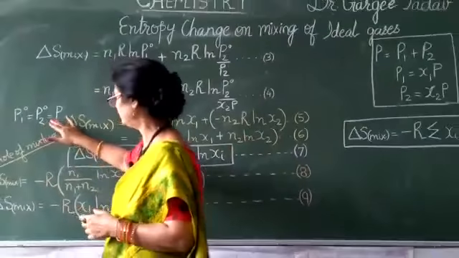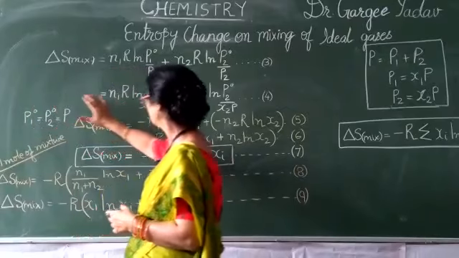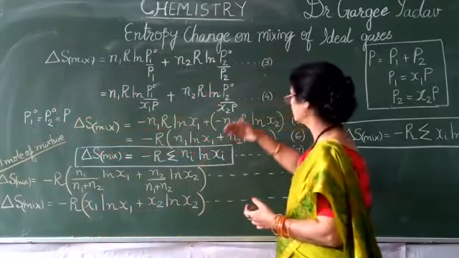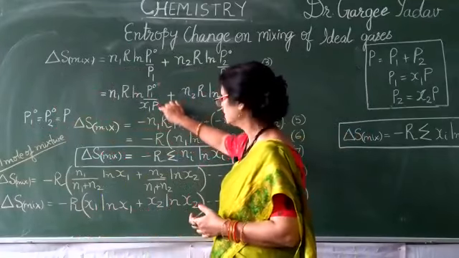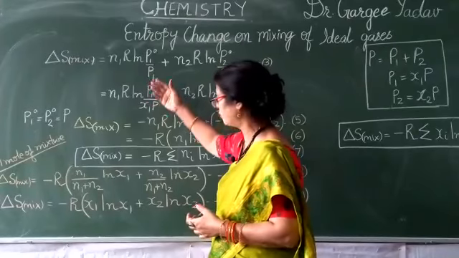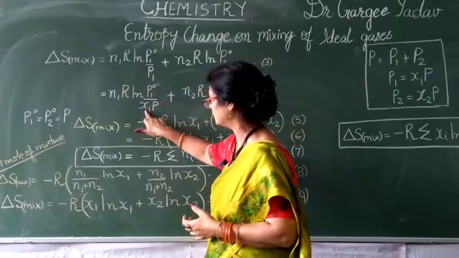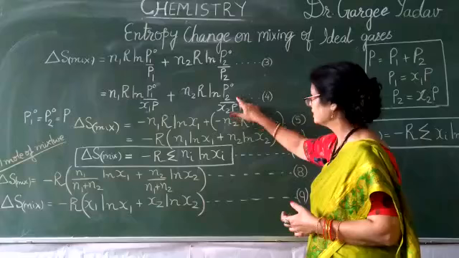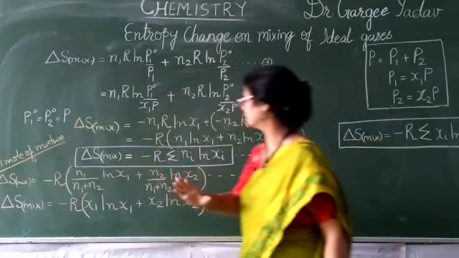P1 naught and P2 naught will be equal to P. Now when we apply this condition to equation number 4, P1 naught is equal to P, so this will get cancelled and what remains is N1 R ln 1 upon X1. Similarly here also, since P2 naught is equal to P, this is the most simplified case.